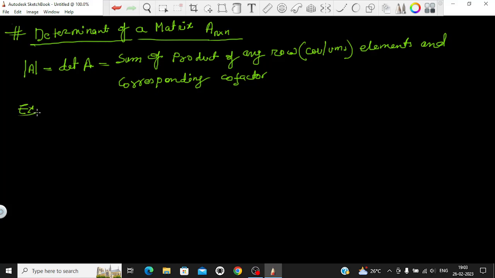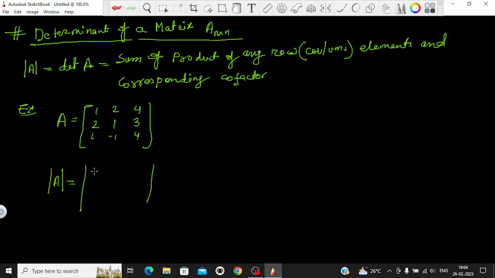Now you take an example. You take matrix A whose elements are 1 2 4, 2 1 3, 1 minus 1 4. Now you want to get the determinant of this matrix, so you can write determinant of all these values: 1 2 4, 2 1 3, 1 minus 1 4.